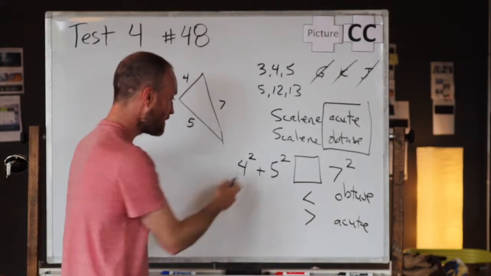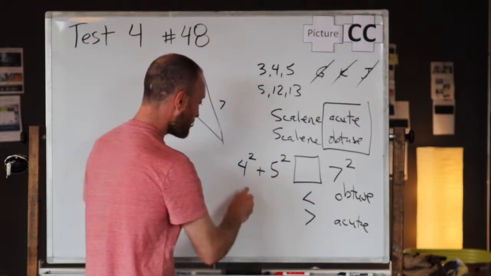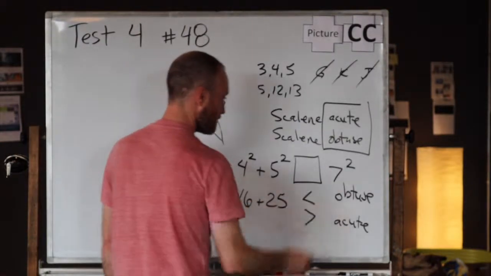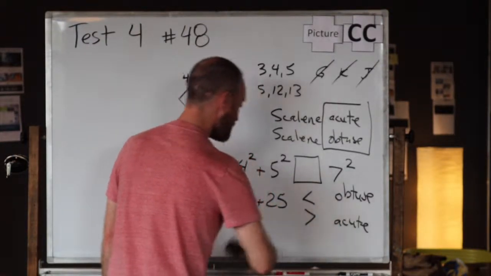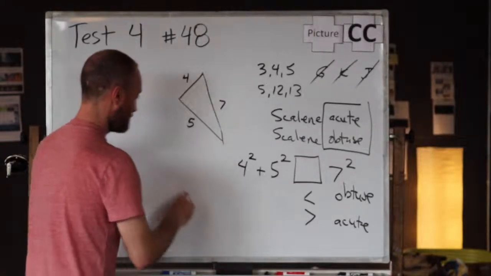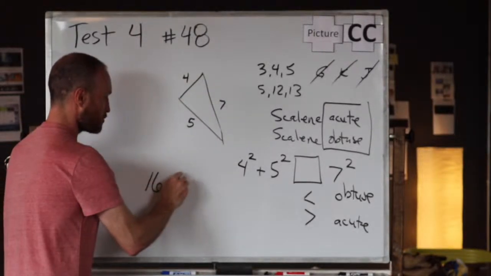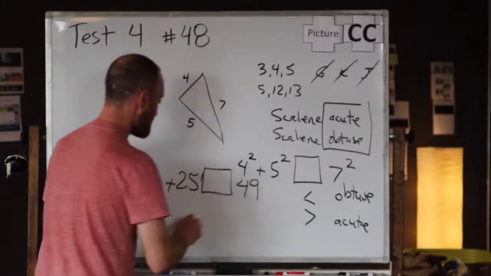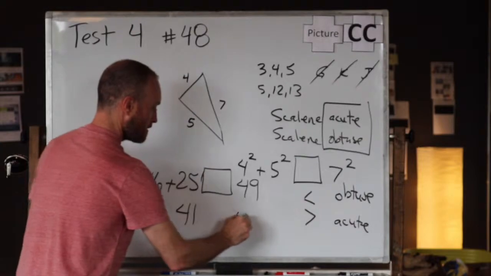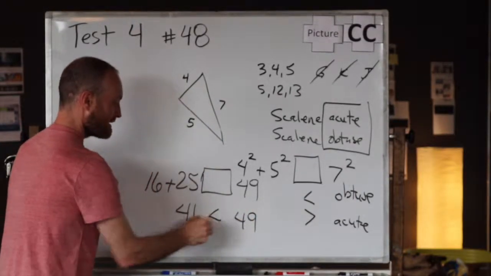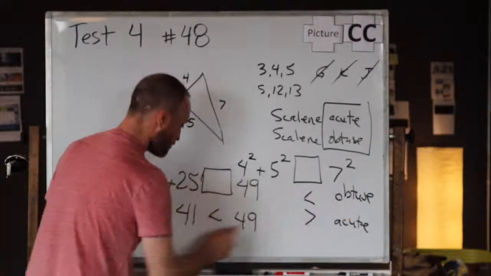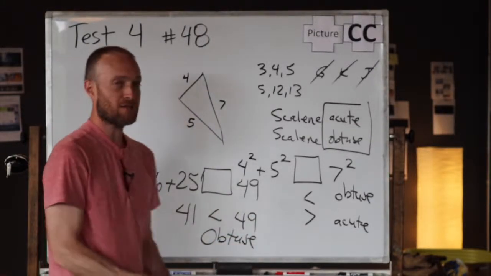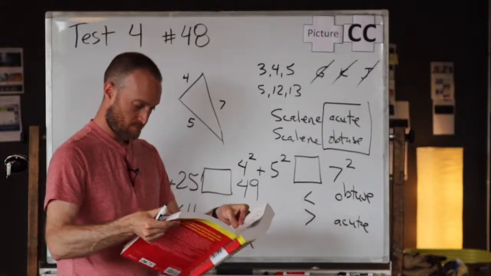All right, so we do this: 4 squared plus 5 squared is 16 plus 25, which is 41. This side, 7 squared, is 49. 41 is less than 49, which means, according to my rule, it must be an obtuse triangle. And the answer is H.